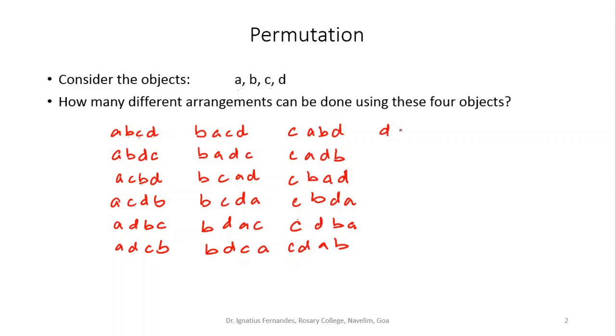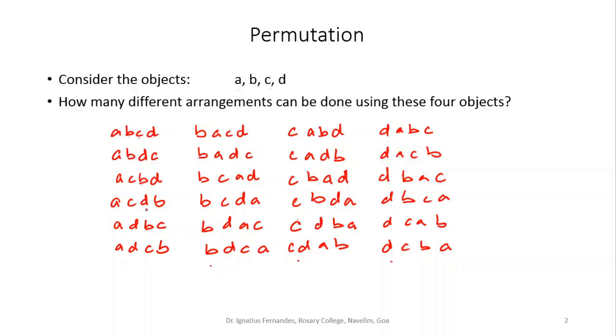Then with D in the first place: D, A, B, C, D, A, C, B, D, B, A, C, D, B, C, A, D, C, A, B, D, C, B, A. So these are all with A in the first place, B in the first place, C in the first place, and D in the first place.